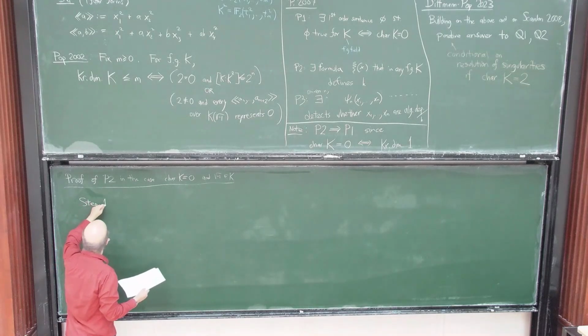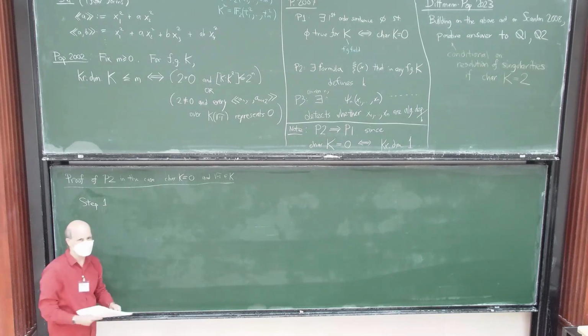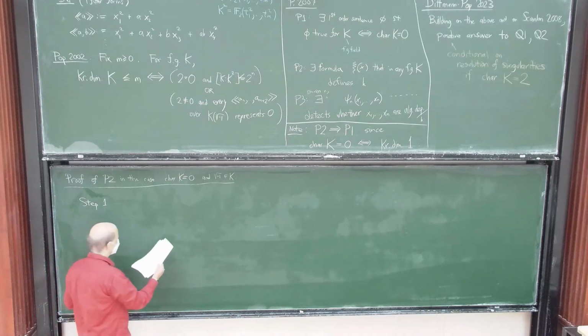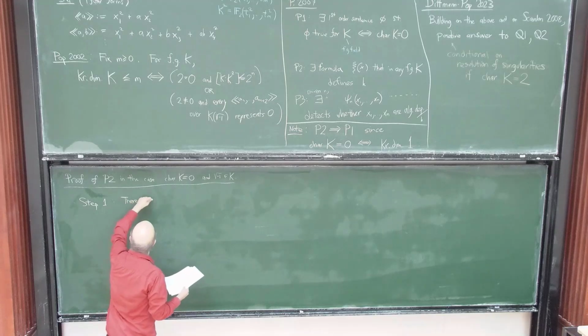So the whole proof is a 7-step proof. Step 1 is that there's an elliptic curve.